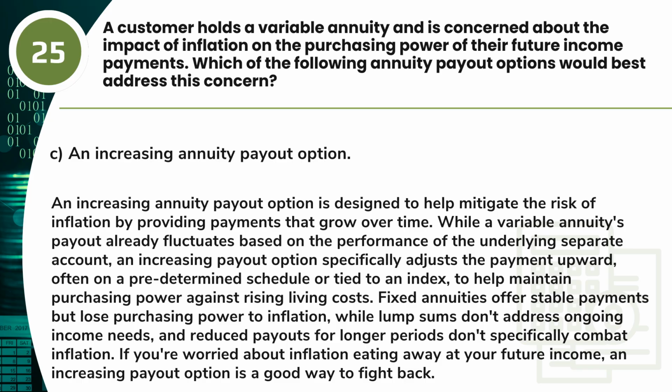Fixed annuities offer stable payments but lose purchasing power to inflation, while lump sums don't address ongoing income needs, and reduced payouts for longer periods don't specifically combat inflation. If you're worried about inflation eating away at your future income, an increasing payout option is a good way to fight back.